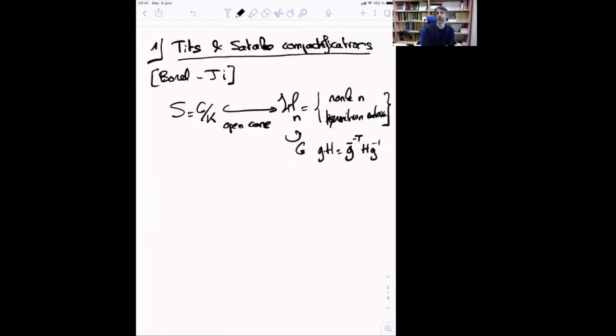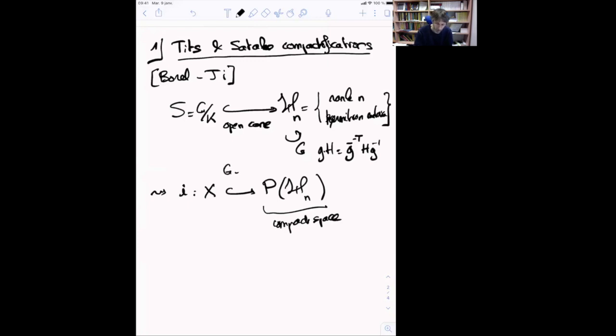Remember that the action was the following. Now, if we mod out by the positive reals, then we end up with an embedding of the symmetric space inside the projective space associated to these rank n Hermitian matrices. And so this is now a compact space.